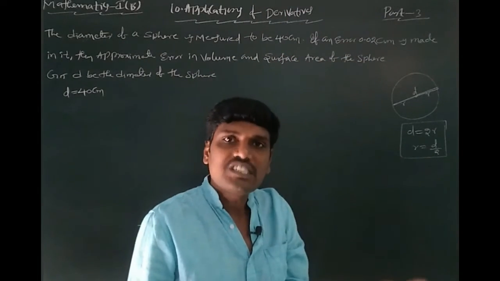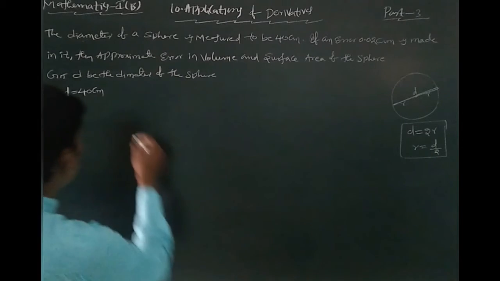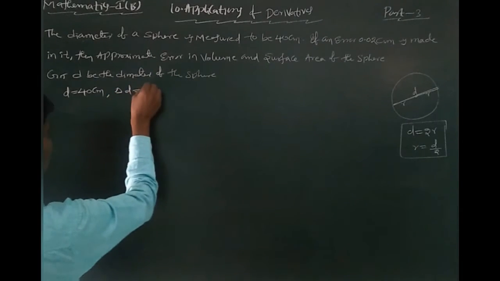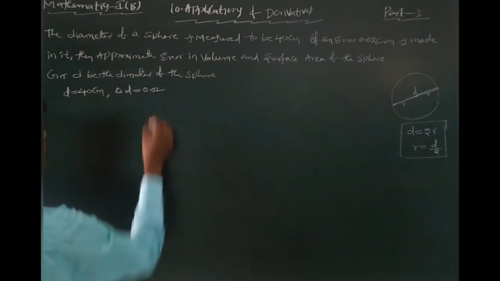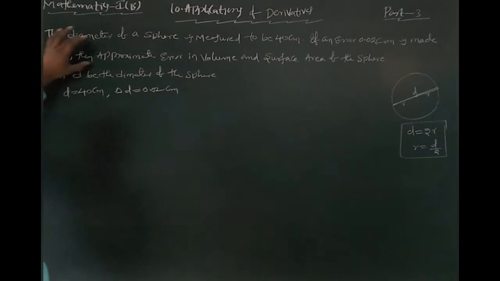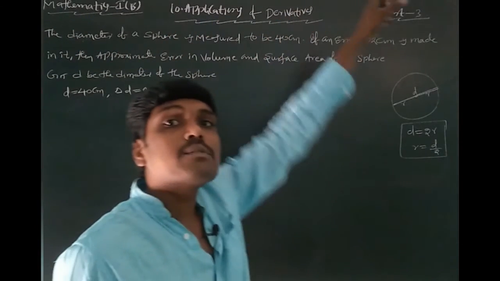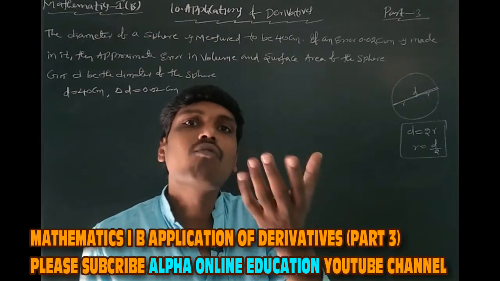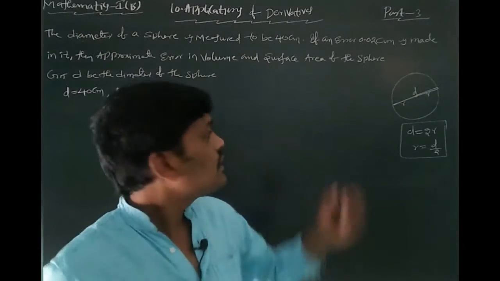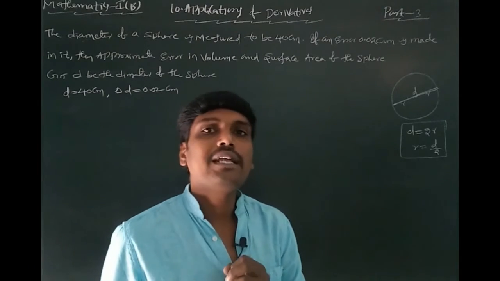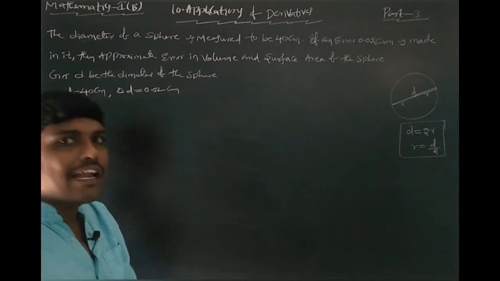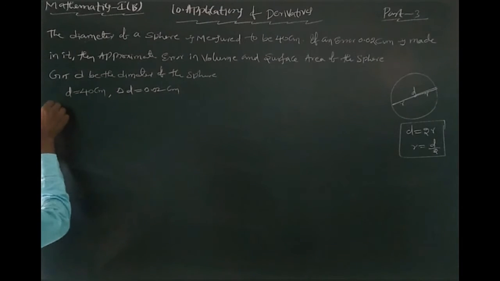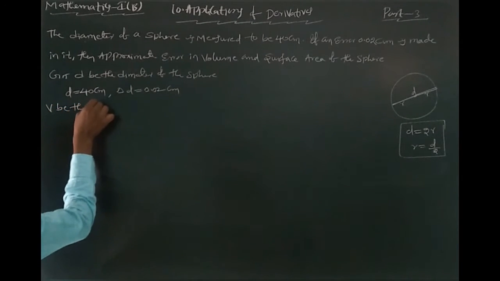Error is nothing but change, that is delta D. Delta D is also given, 0.02 centimeters is made. What is the approximate value? Delta V. What is delta V? And what is the surface area? Approximate error in volume. Then let V be the volume of the sphere.